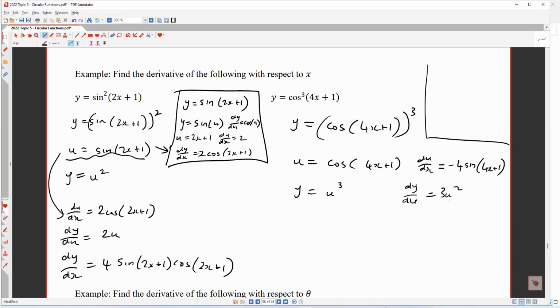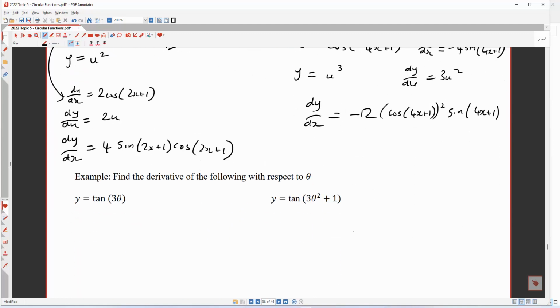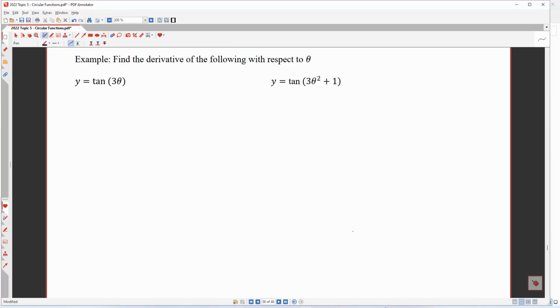Alright, so it's that multiplied by that with the u sub. dy dx equals, that's negative 12. u is this, so it's going to be cosine 4x plus 1 all squared. Then just go sine of 4x plus 1. Pretty nice looking derivative. Okay, couple more.